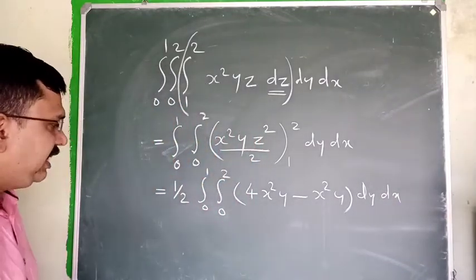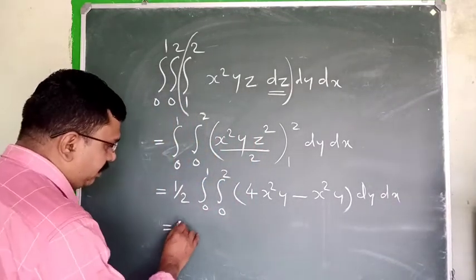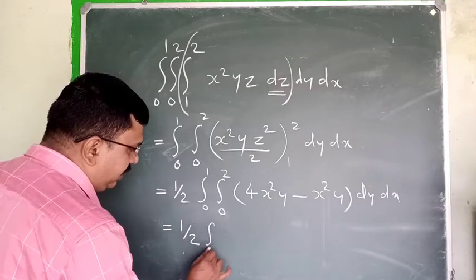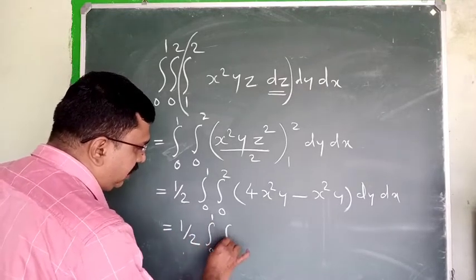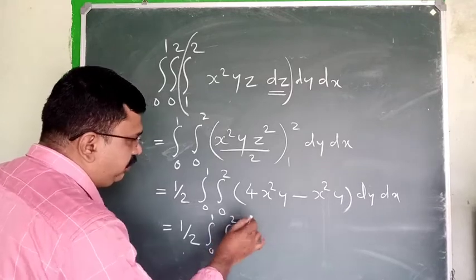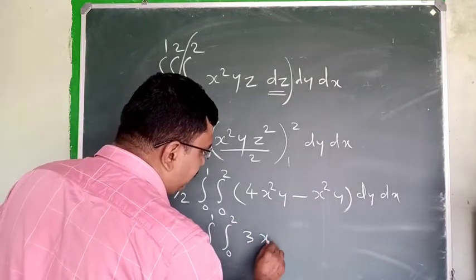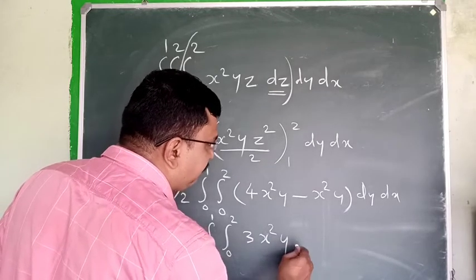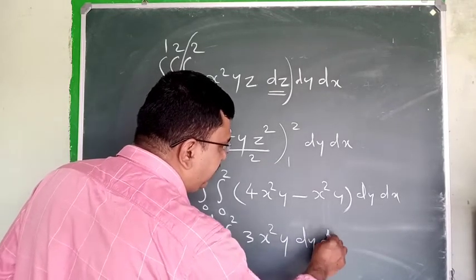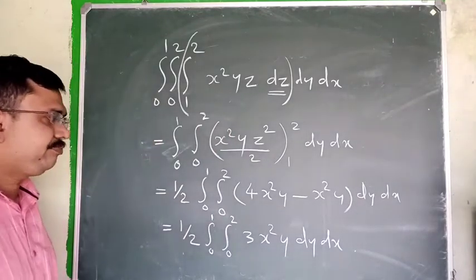That is equal to 1 by 2 into integral 0 to 1, integral 0 to 2, 3 x square y dy dx.